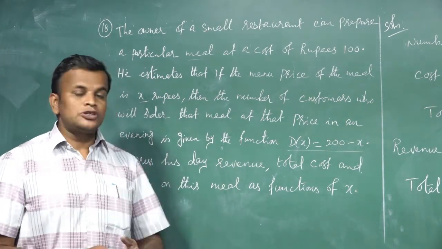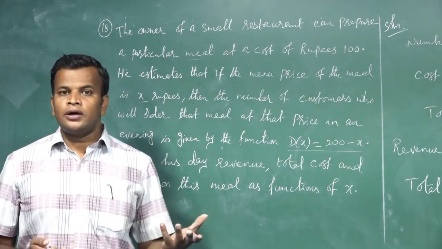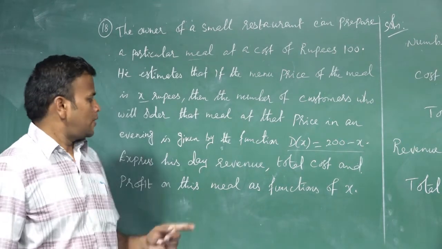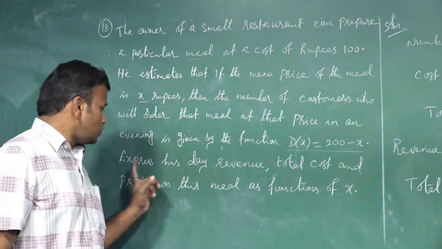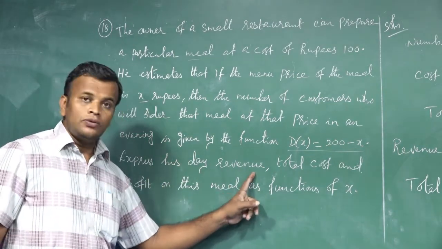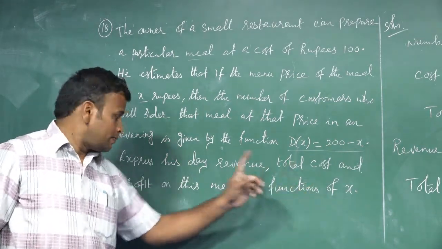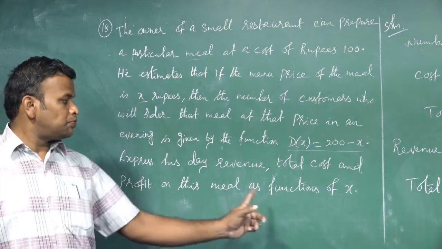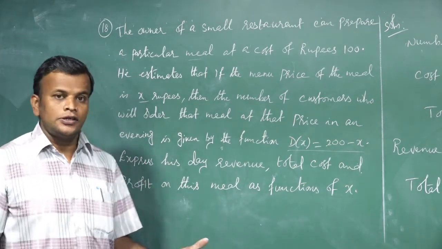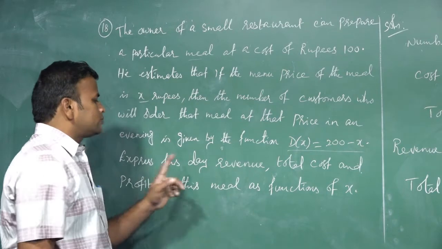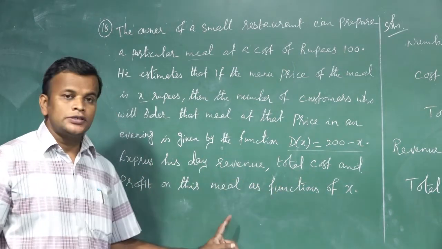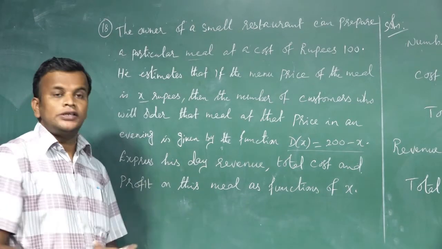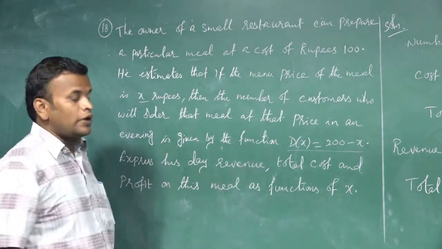It may be 2, 3, 5 or 10, 20 like this. Then express the revenue, total cost and profit on this meal as functions of X. So we tell these three values, that is revenue, total cost and profit. All values we must tell, all in terms of functions of X.